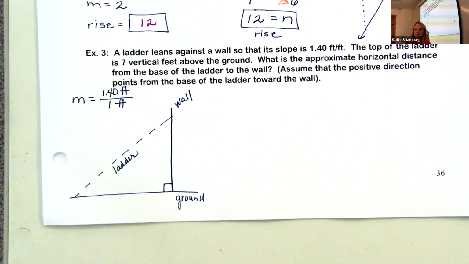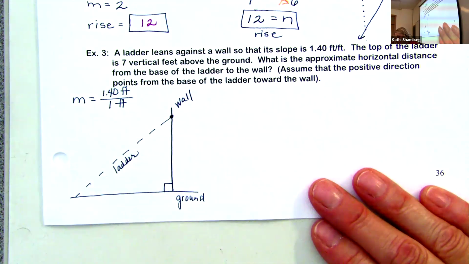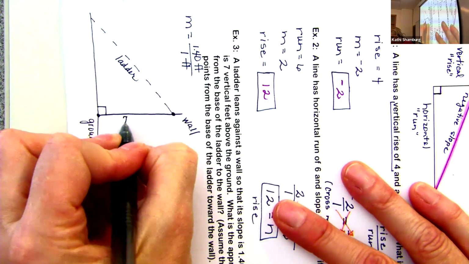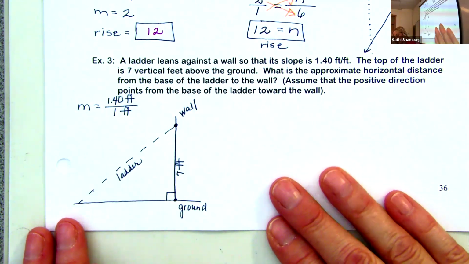All right, the top of the ladder, here's the top of the ladder, is 7 vertical up and down feet above the ground. So what they're telling me here is this is 7 feet. So in relationship to my triangle, what did they give us? The rise.